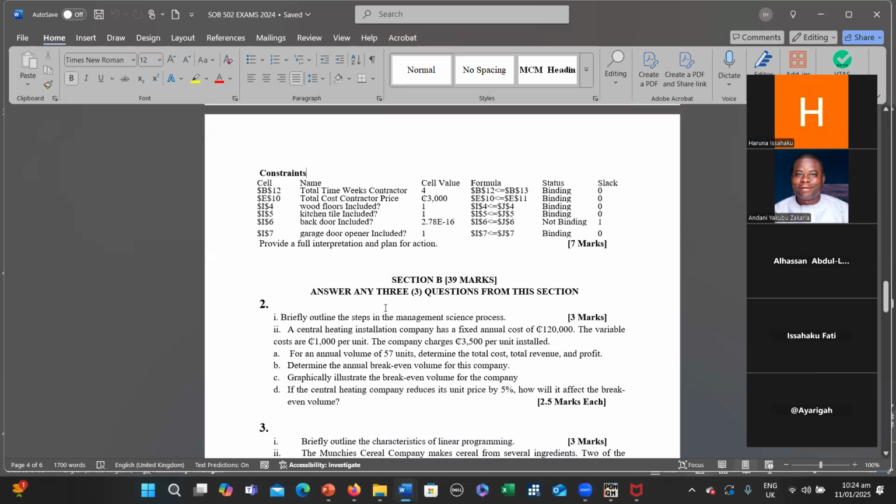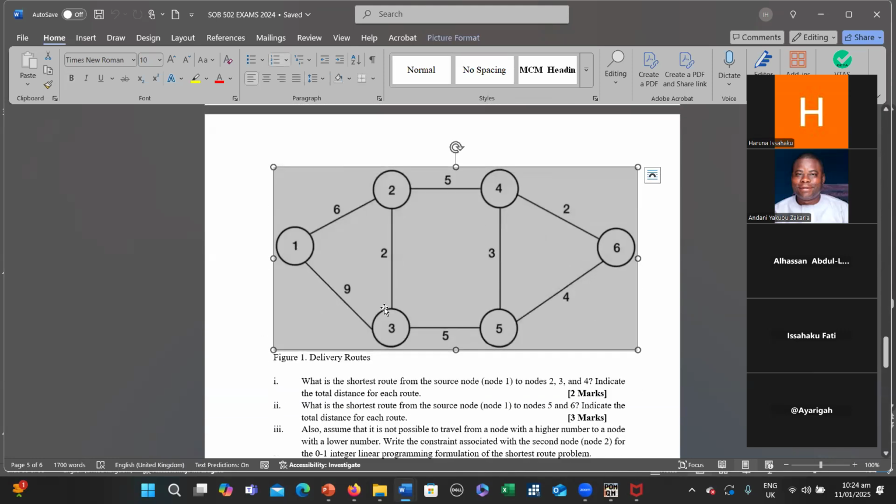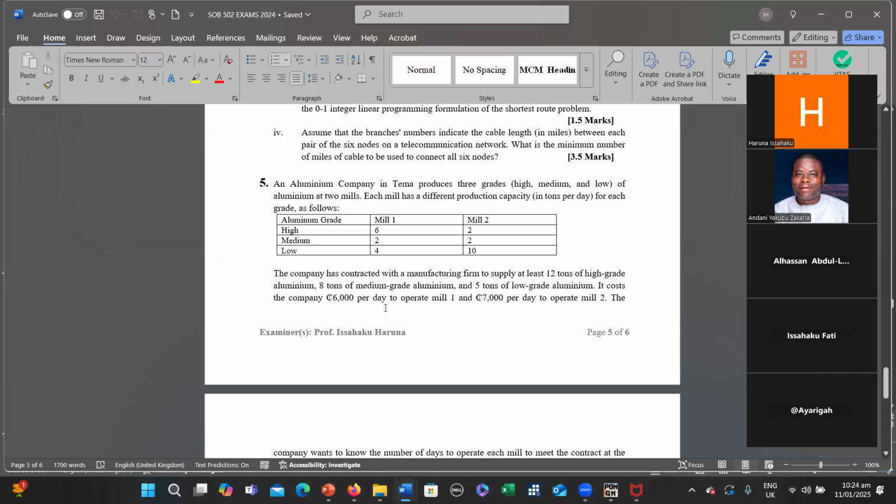Then you answer any other three in section B. You see some of the things that we did today are there.